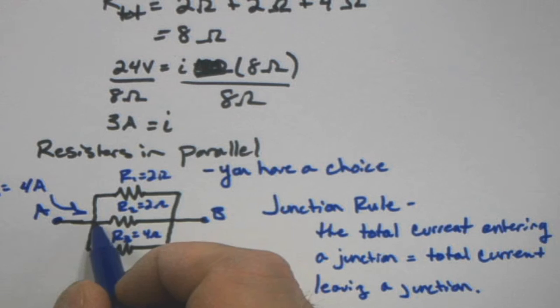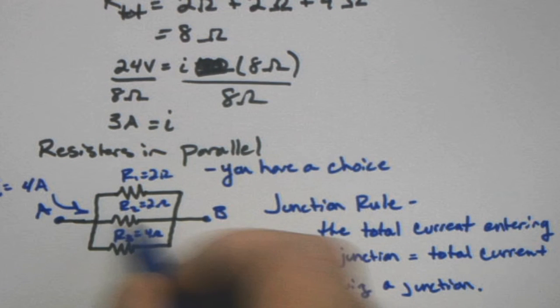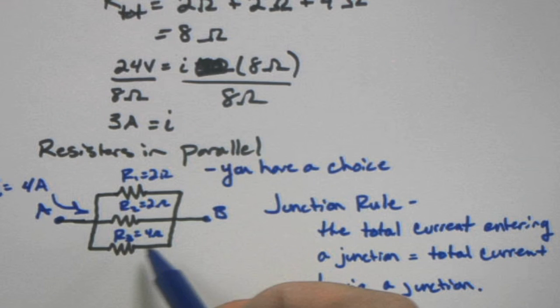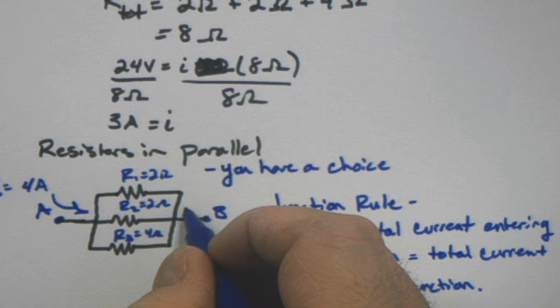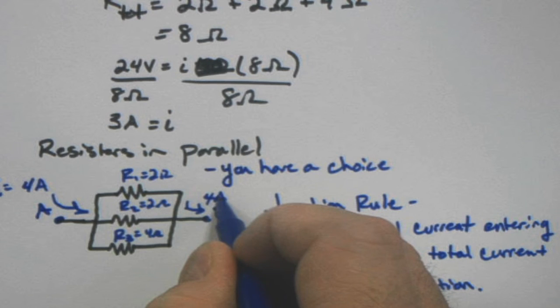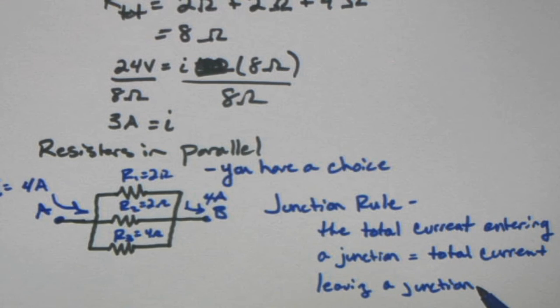So if we've got 4 amps entering this spot, these 4 amps are going to be divided up into these 3 different directions. They'll go through and come back out at 4 amps still. That makes sense? All right.